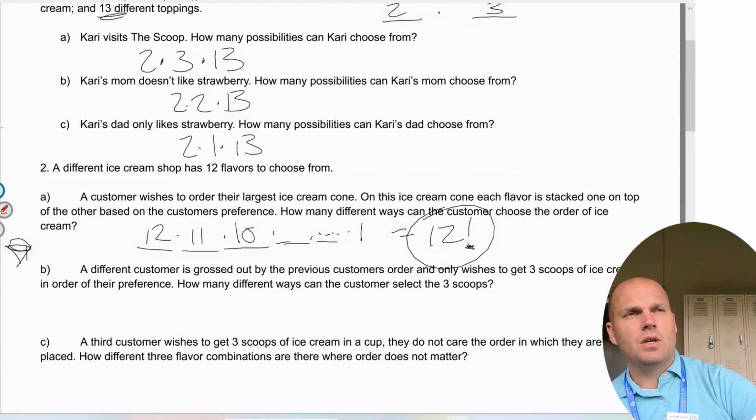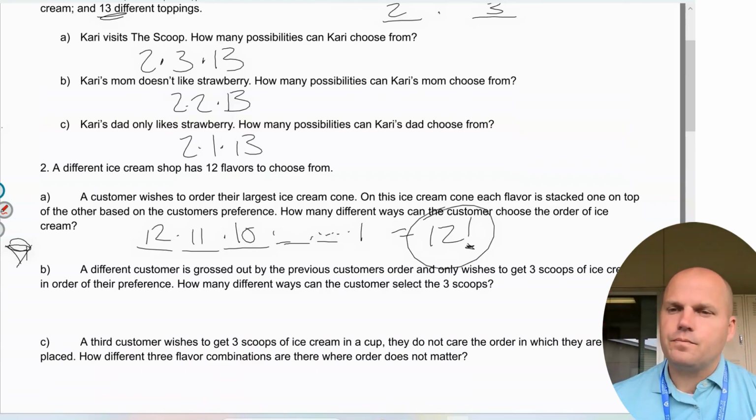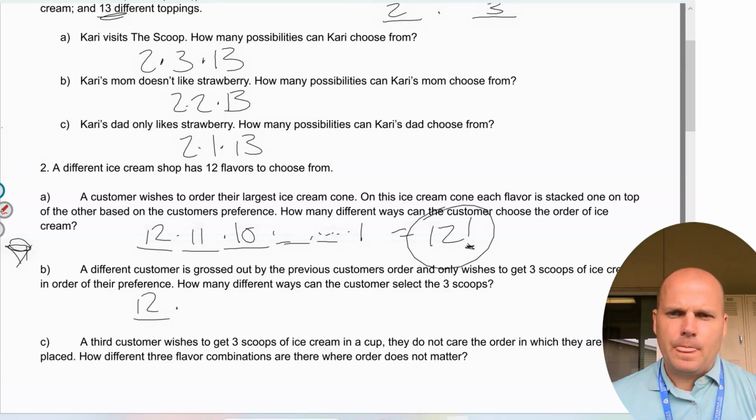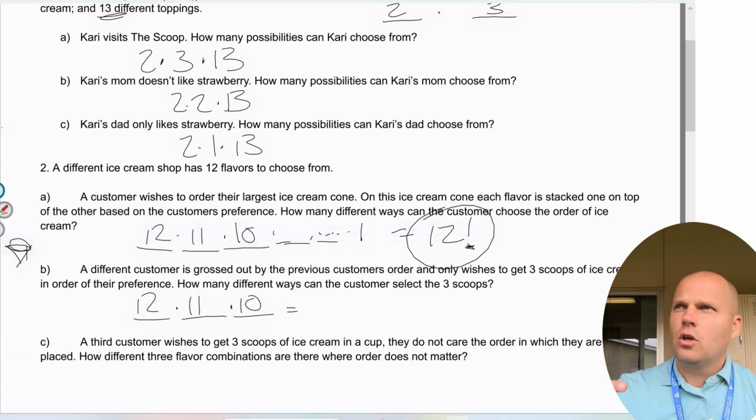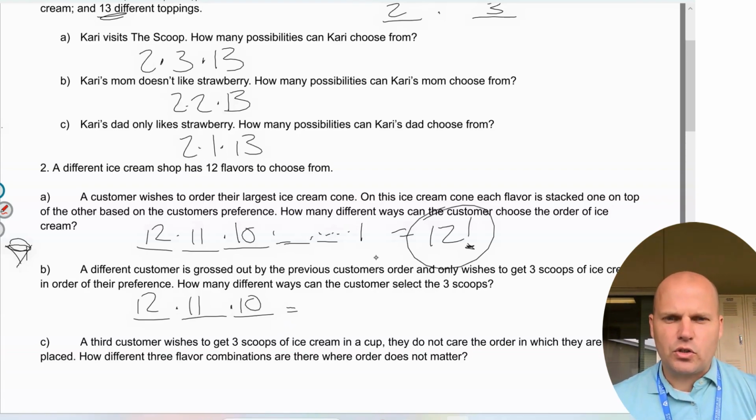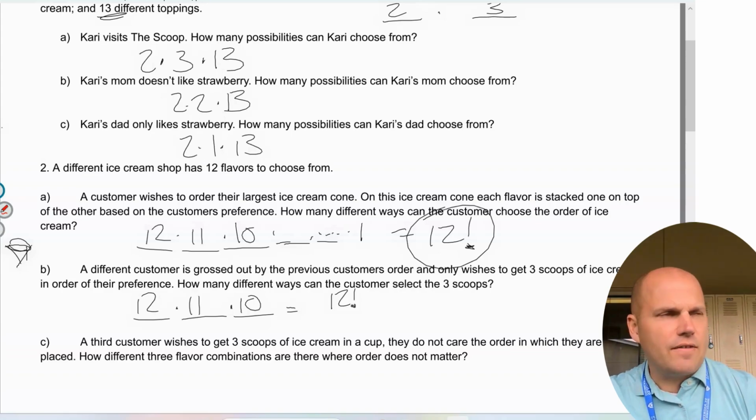They'll have 12 choices for the first scoop, 11 choices for the second scoop, and 10 choices for the third scoop. Now, what is a way to write this out using factorials? Well, that's 12 choices times 11 times 10.